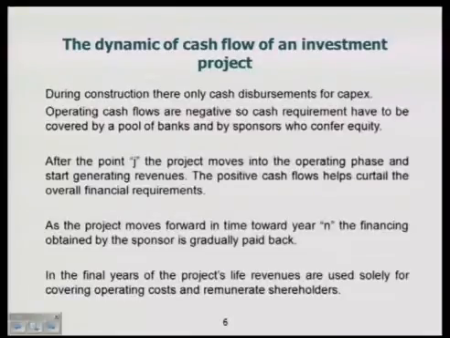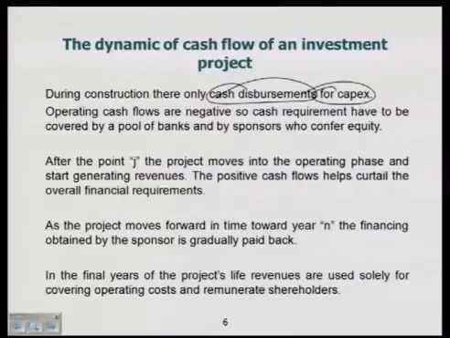So summing up, during construction we have only cash disbursement for capex. The operating cash flows are negative during this period, so cash requirements have to be covered by a pool of banks or by sponsors who confer equity.